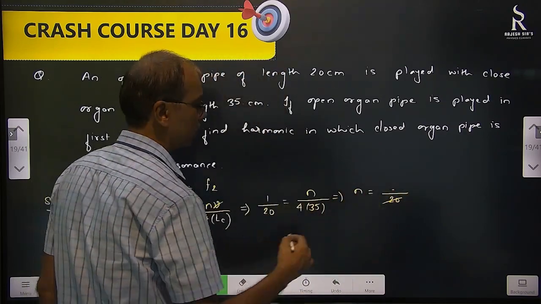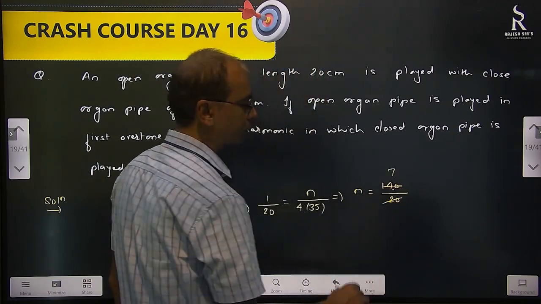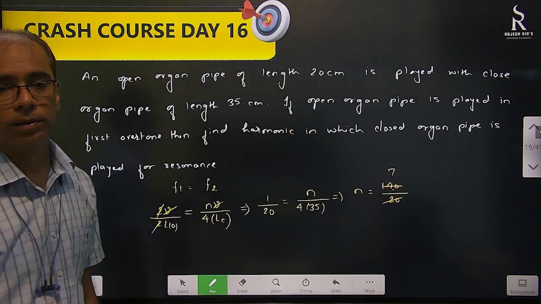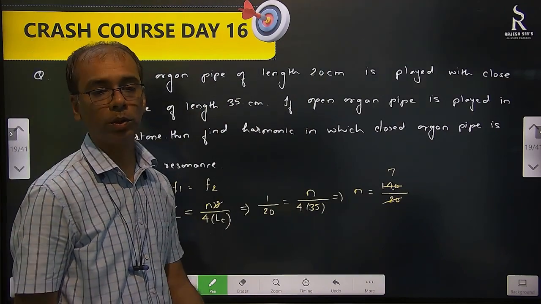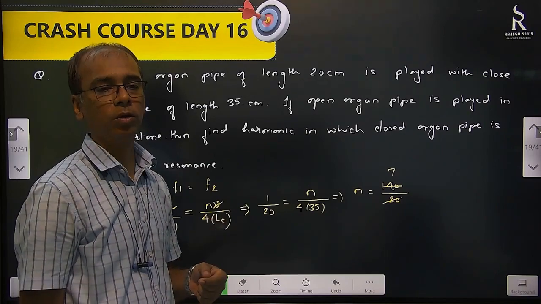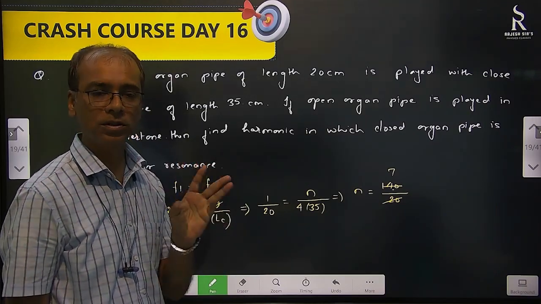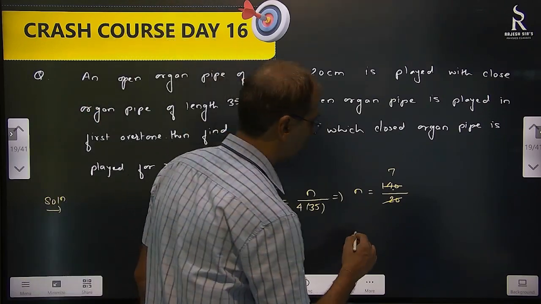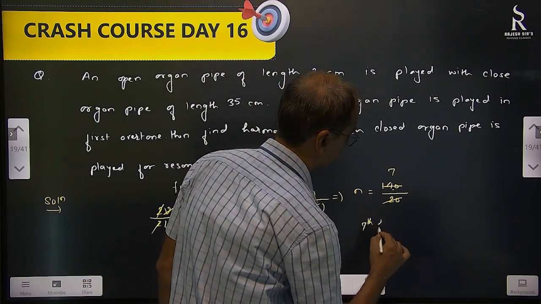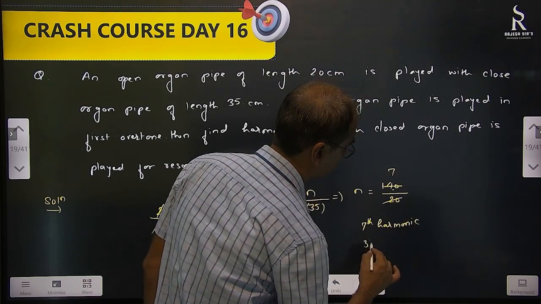The answer is 7, so the seventh harmonic. Which overtone? Third harmonic means first overtone, fifth harmonic means second overtone, seventh harmonic means third overtone. So seventh harmonic, and third overtone.